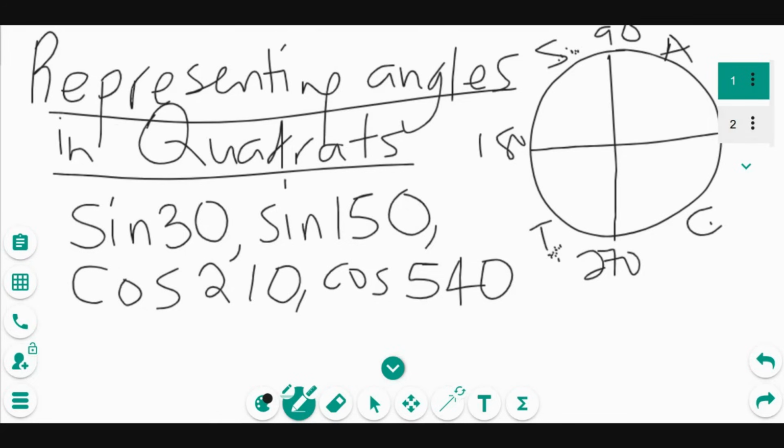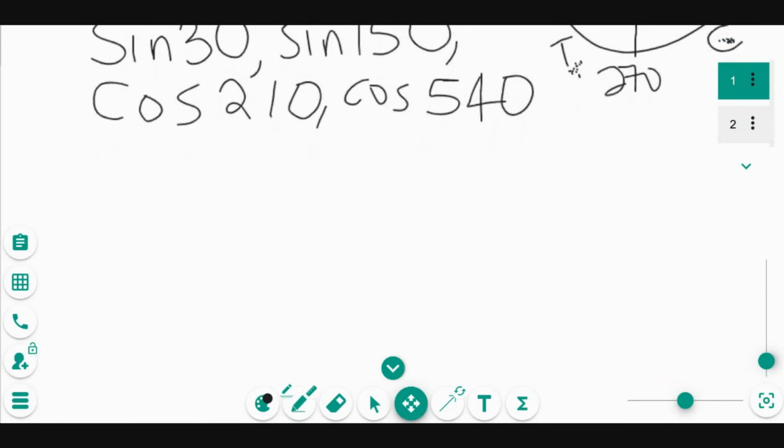And then coffee, only the cosine gives us positive values. In that range, from 0 to 90, all angles of any trig function, whether sine, cos, or tan, it's positive. That we did in the previous section. No need to go deeper into that. So starting with the first one, which is the sine of 30.